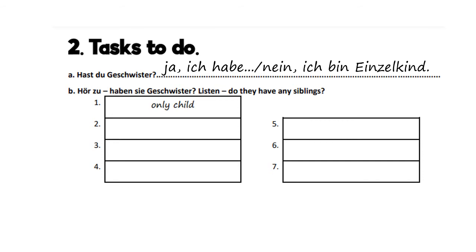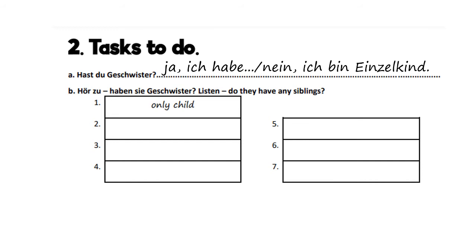You can write your answer in English, and you can see the example is written for you in English as well. You obviously don't have to write in full sentences. Nummer 1, ich bin Einzelkind. And the answer is only child, so that one's done for us.